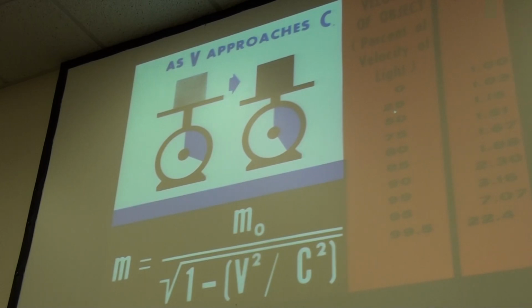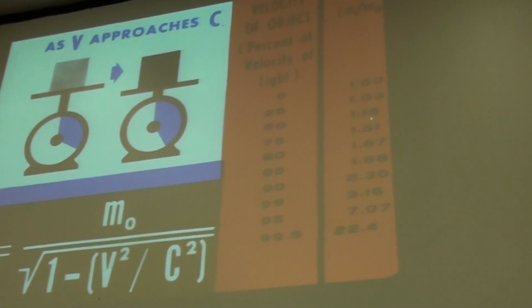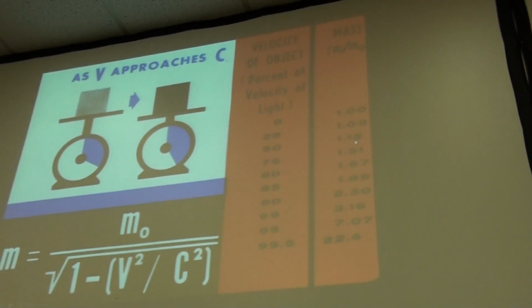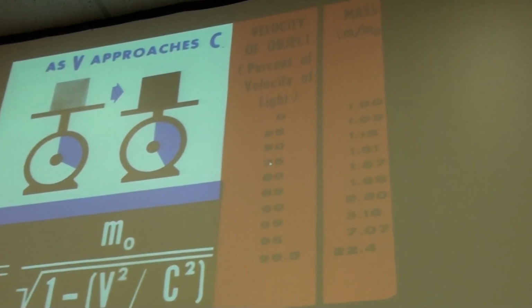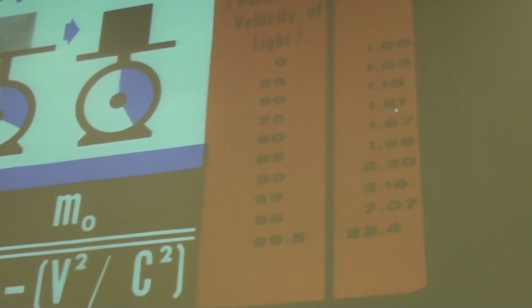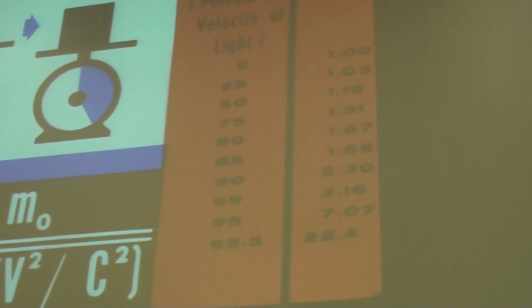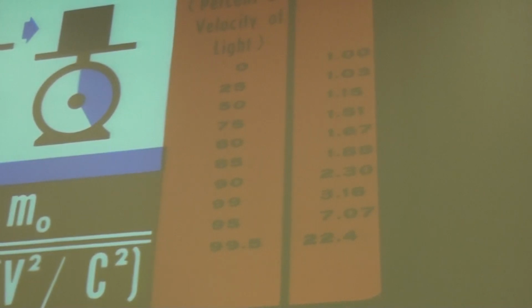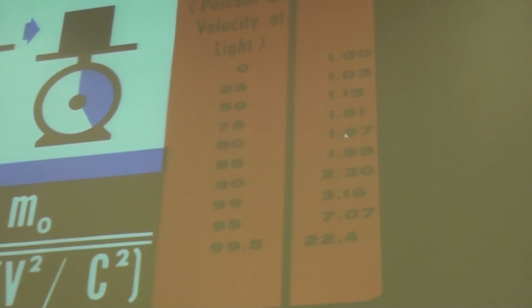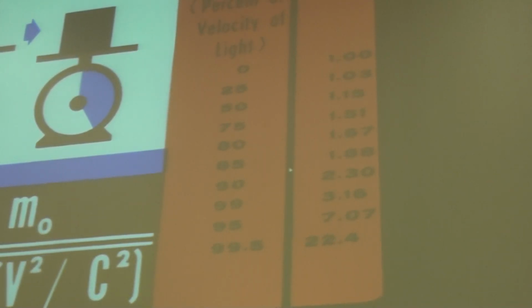If it's at 25% the speed of light, then the mass is going to have increased only by 3%. Okay? At 50% the speed of light, the mass increase is at 15%. At 75% the speed of light, it's at about 1.5 times the mass. So the mass is getting greater. At 80% the speed of light, 1.67.